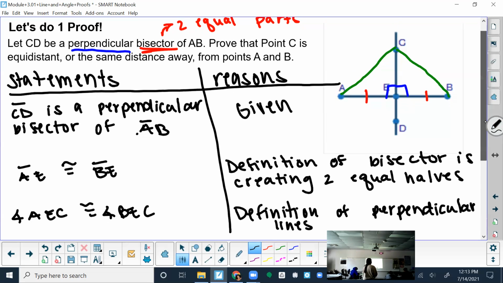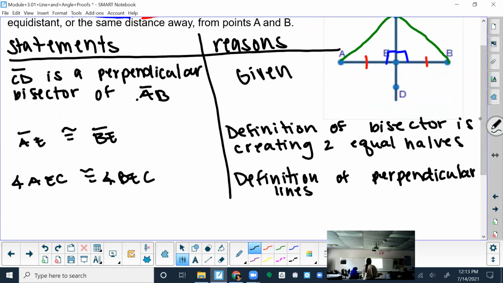We've learned before, so it's like a theorem, I guess you could say, or a postulate, that perpendicular lines create 90-degree angles.